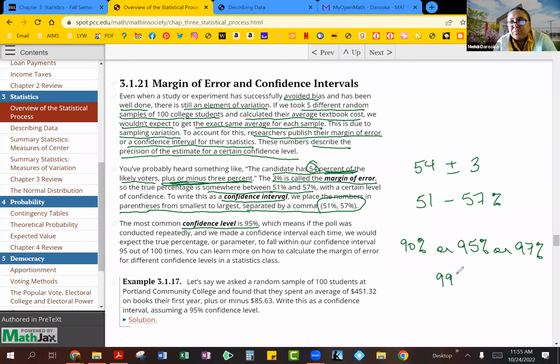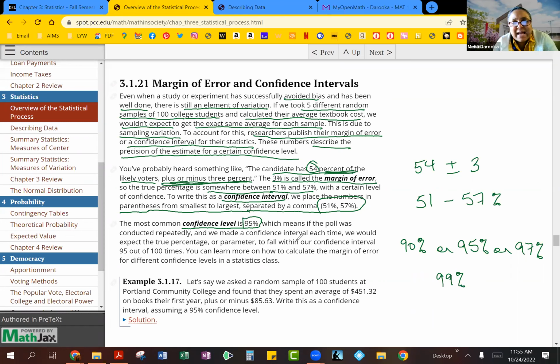Every now and then you may also see a 99% confidence interval. The idea is, the higher your confidence level, the higher your margin of error will also be. So you have to be careful about what level of confidence you want to go for. Like I said, that sweet spot is right at 95%.